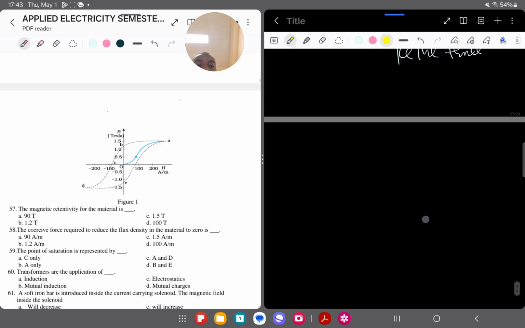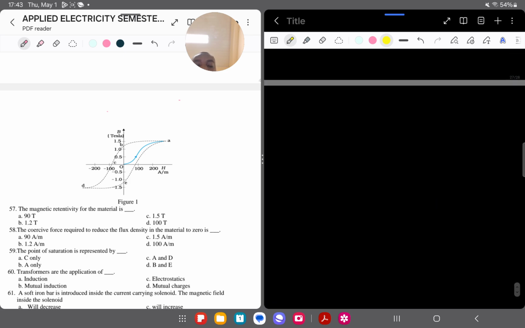Retentivity, like I explained the last time, is the ability of a material to maintain or keep its magnetic flux density when the magnetic field strength is 0, right? So let's say you have a magnetic material. Let's say you increase the magnetic field strength, which is H here.